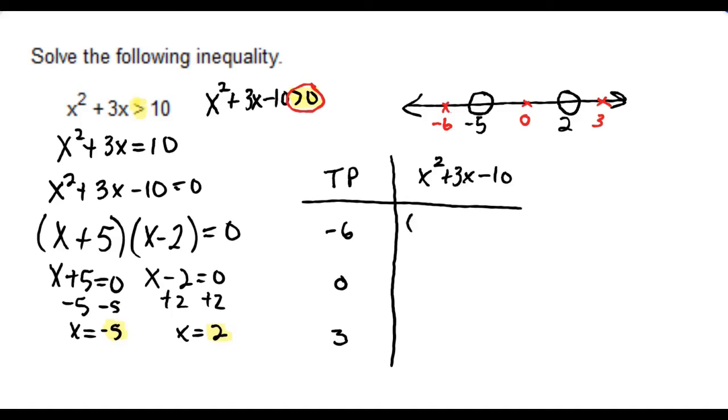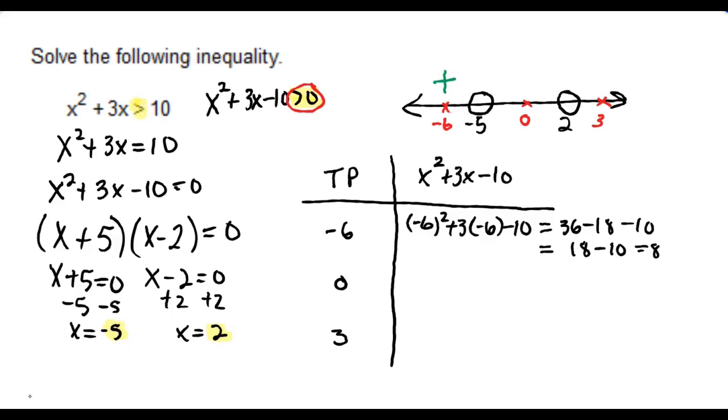So for -6, we get -6 squared plus 3 times -6 minus 10, and that's 36 minus 18 minus 10. 36 minus 18 is 18, and 18 minus 10 is 8. So in the leftmost interval, our expression is positive. Let's continue with the next test point.